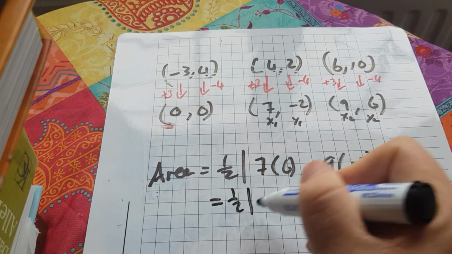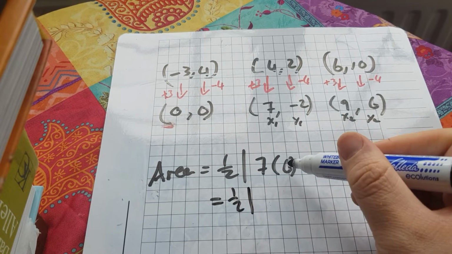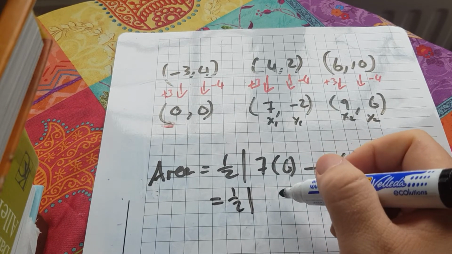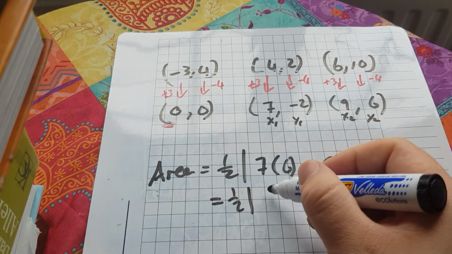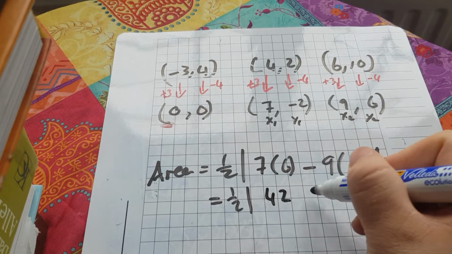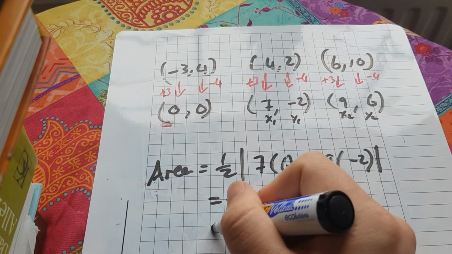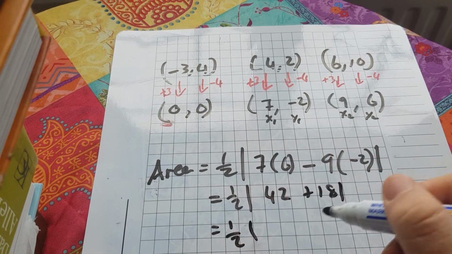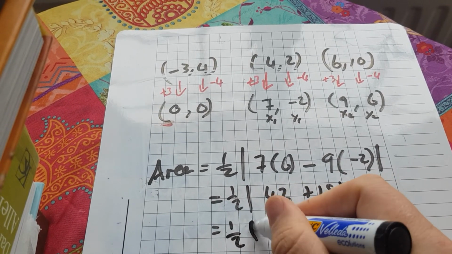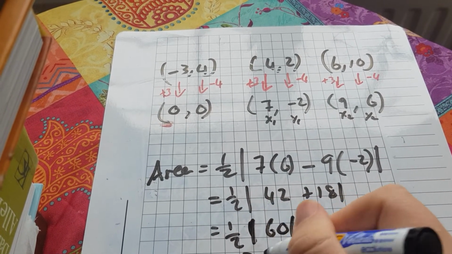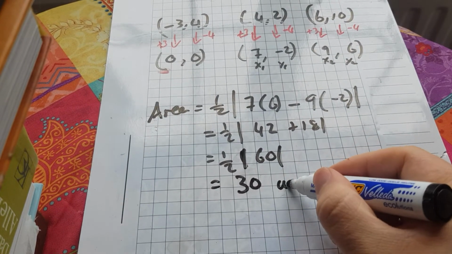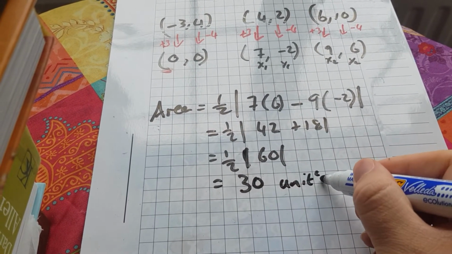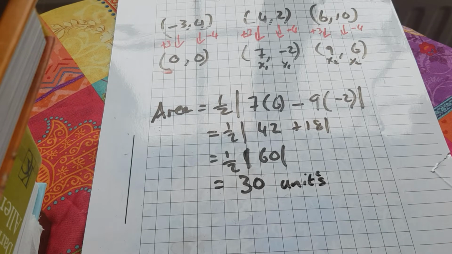So a half of 7 sixes, which is 42, plus 18. So I get a half times 60. So I get 30 units squared. Don't ask me why I'm doing the squared before the s.